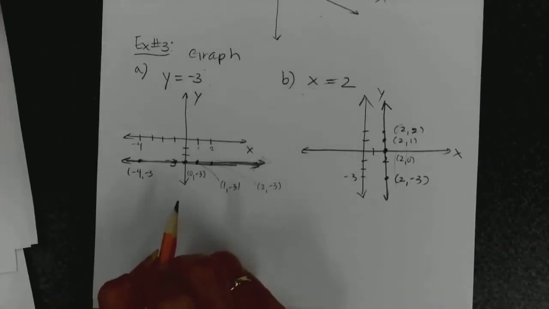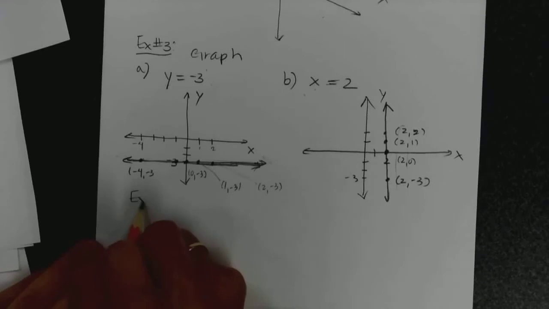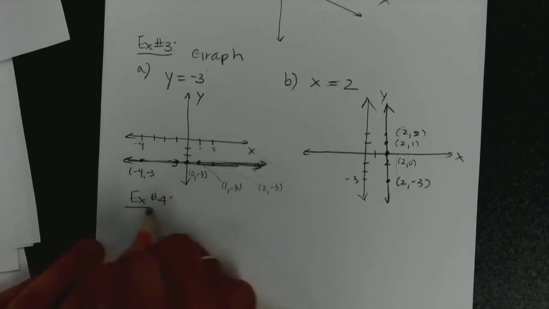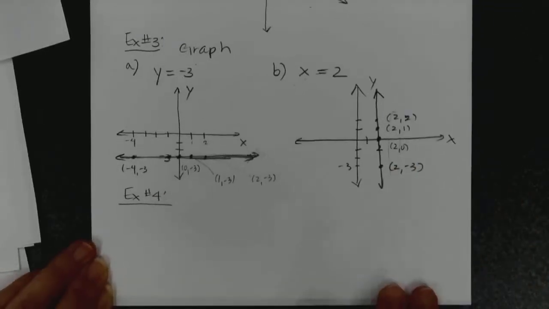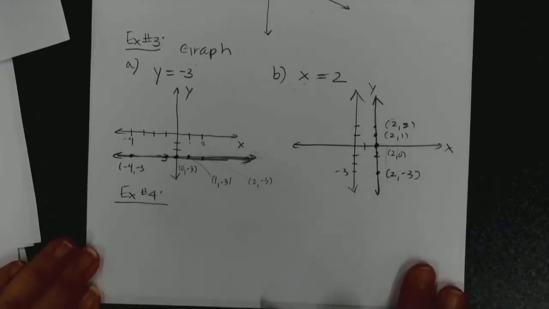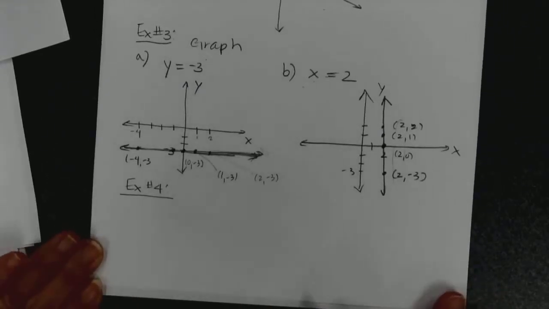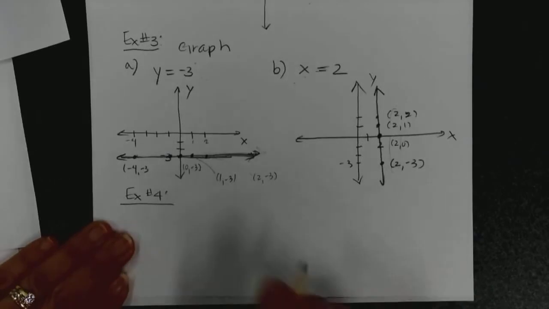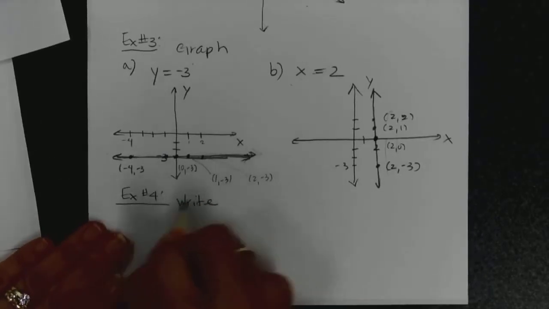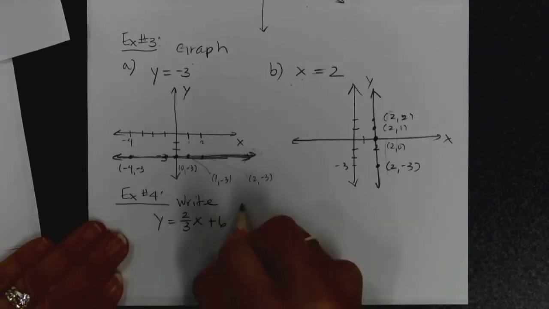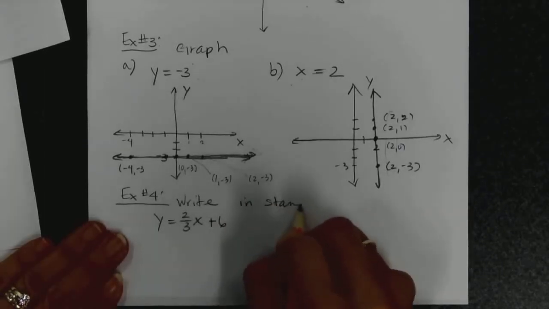And then the last example that we're going to show you is how to write slope-intercept form into standard form. So we want to write y equals 2 over 3x plus 6 in standard form.